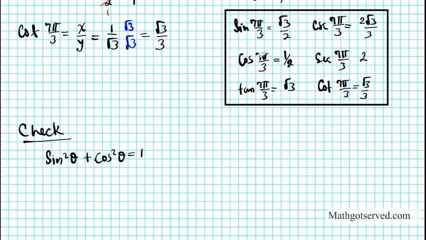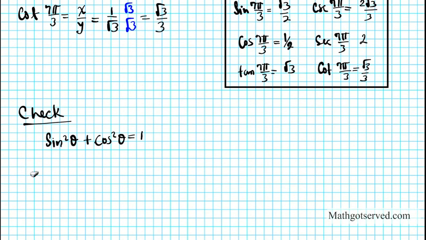On this unit circle, if I take the sum of the squares of sine and cosine of the same angle, I should get 1. So let's see if that's the case here. For sine, I'm going to replace it with root 3 over 2 squared, plus cosine theta, 1/2 squared.